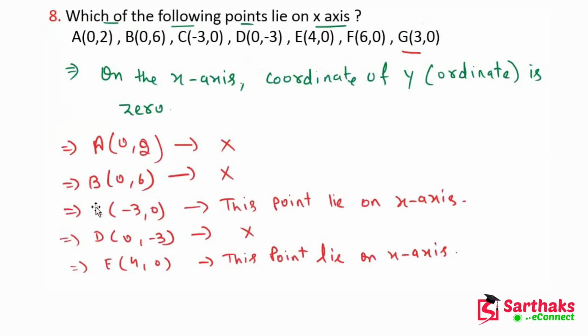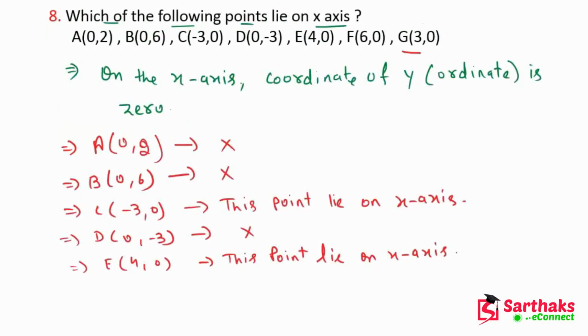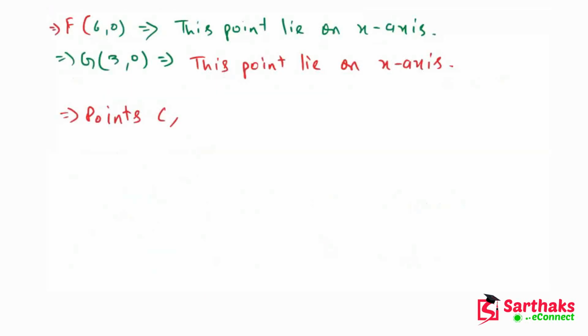So which points lie on the x-axis? Points C, E, F and G lie on the x-axis.